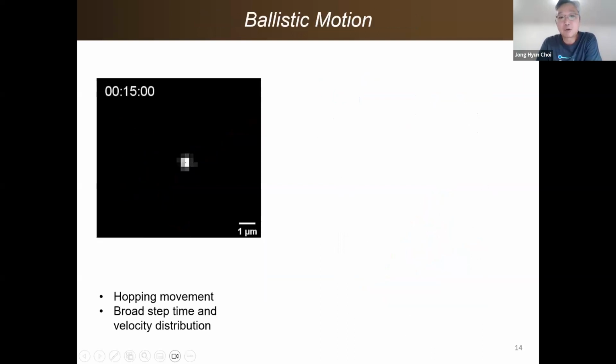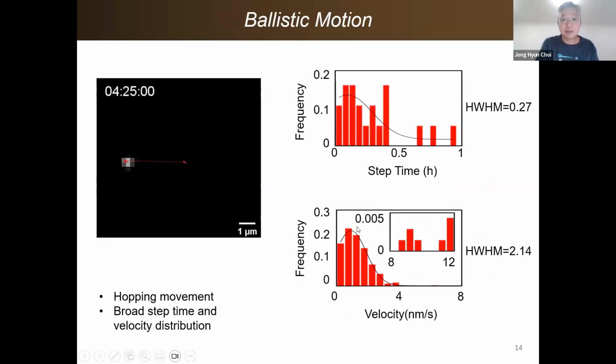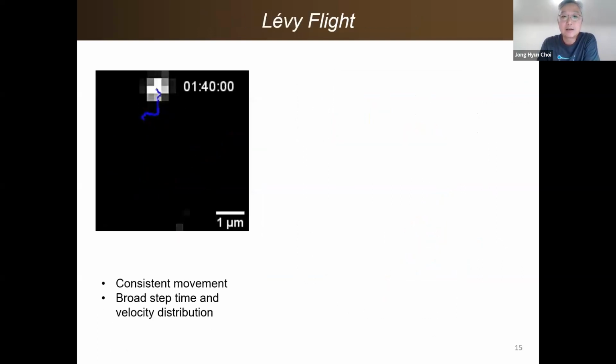If you look at individual motion behaviors, for ballistic motions we see some hopping movement, so the step time and velocity vary and have broad distributions. Lévy flight is a long stride.